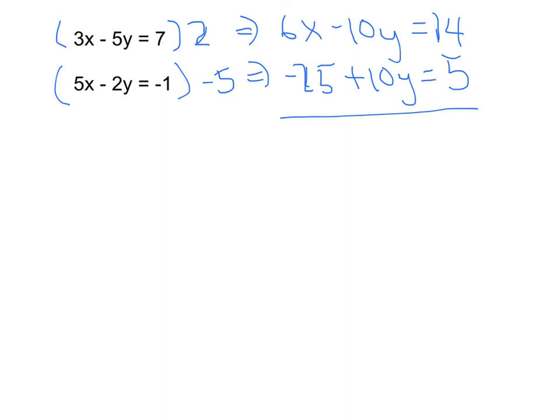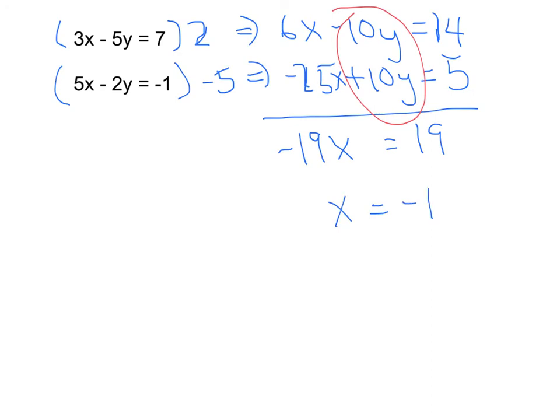Adding these two equations together as we did before, you'll notice that the y's will cancel, and you're going to wind up with only x's, and there will be negative 19x equals 19. Divide both sides by negative 19, and you're going to get x, of course, equaling negative 1, which is what we discovered on the first slide.